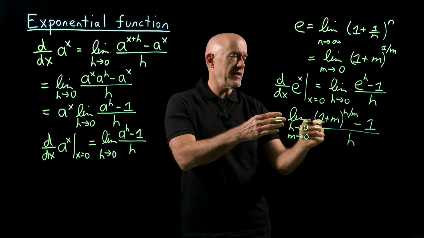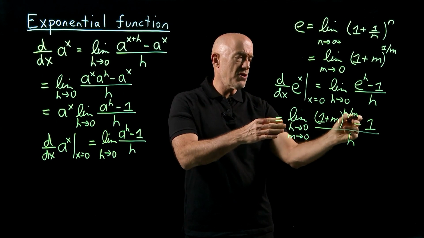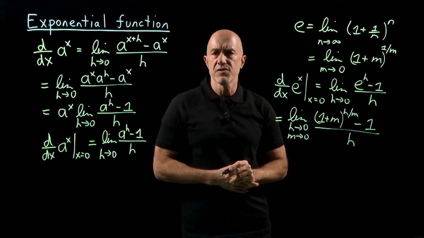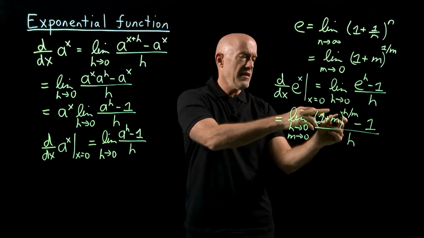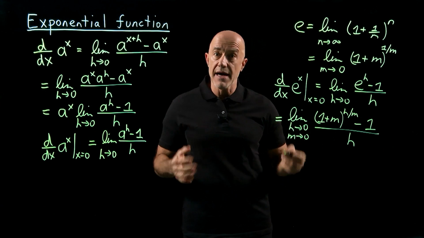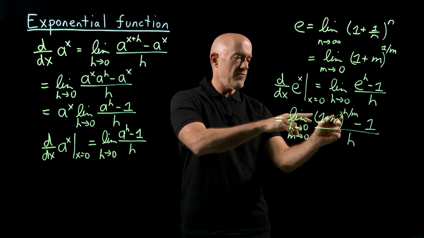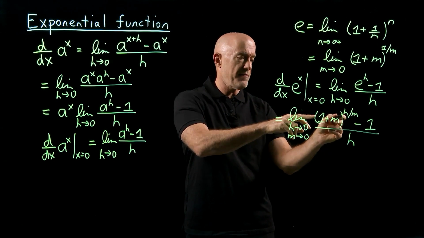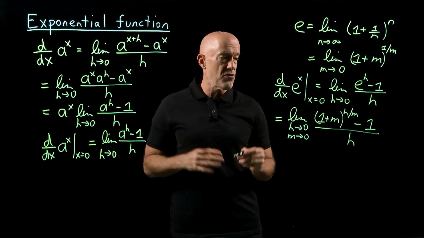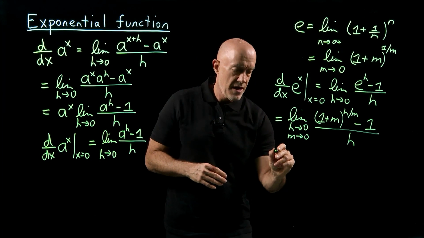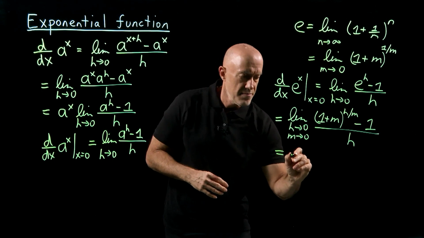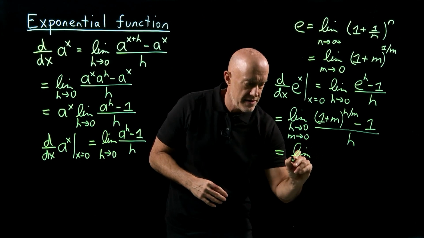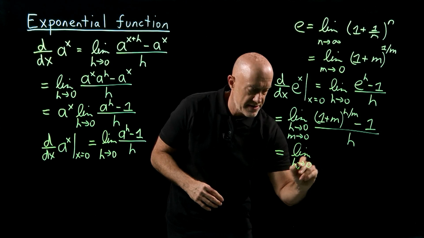Okay, so now we need to evaluate this limit. It's a little bit tricky. h and m go to 0, but we don't know what this ratio is. But if we make a simplification that this ratio is a positive integer, then we can expand 1 plus m to the h over m in the binomial expansion. This result is more general than that, but this will give us an idea what the answer is.